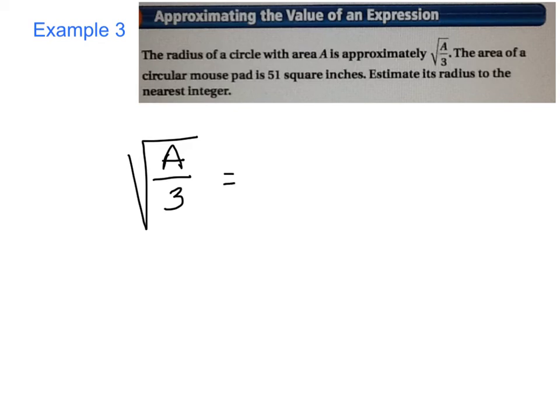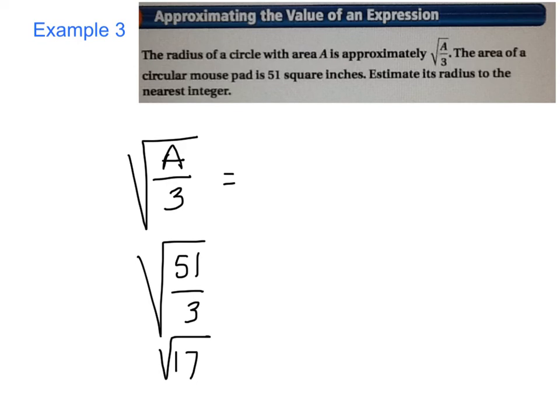So we're going to plug in 51. The square root of 51 divided by 3 gives us the square root of 17.